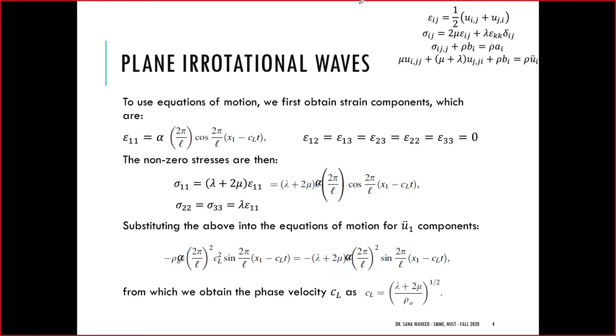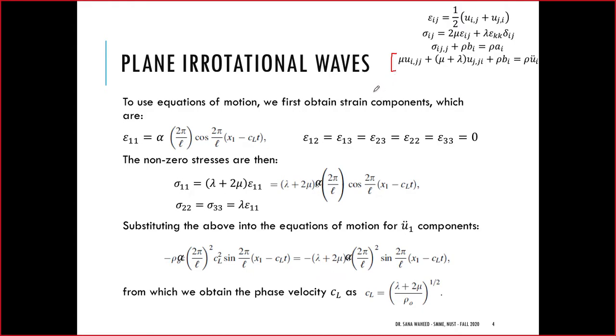So let's move on with our discussion of waves going through a linear elastic isotropic solid. We've looked at it in two ways. One was to just assume a displacement field and pop it into our Navier-Lame equation to find out what it should satisfy.